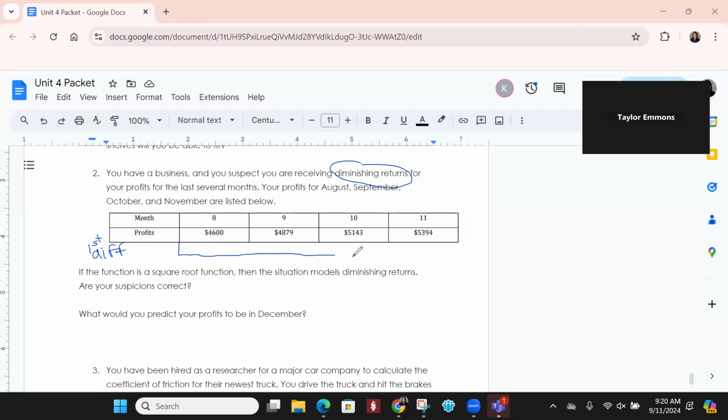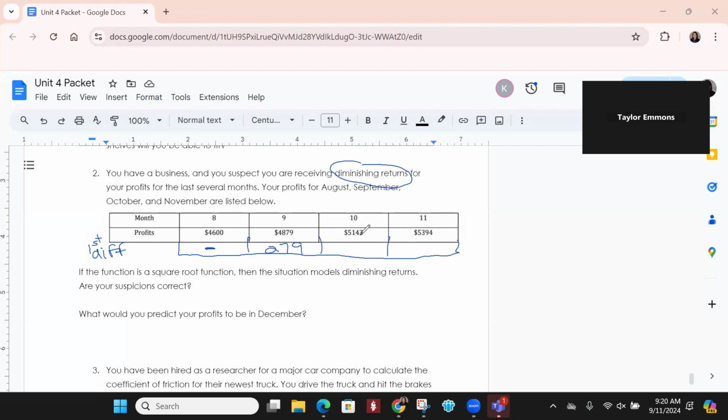Coming down here, just add a little row. We don't have anything to compare this one to, but what is 48.79 minus 4,600? 279. Okay.